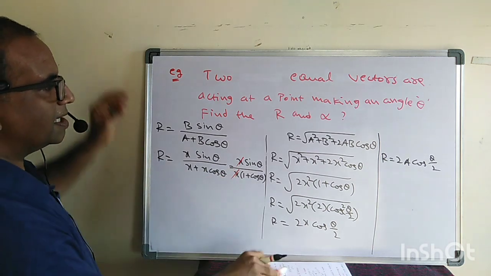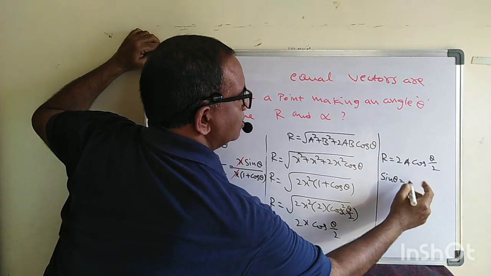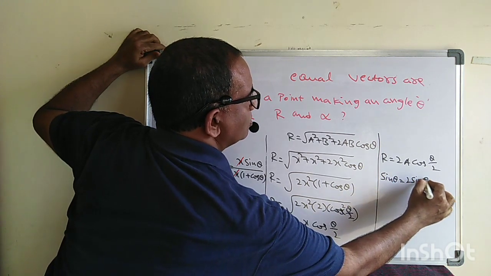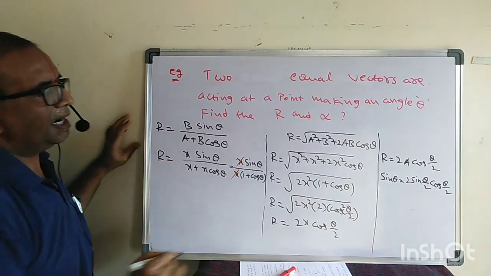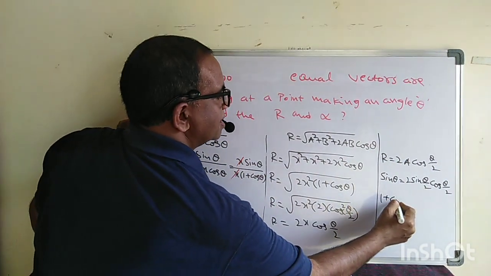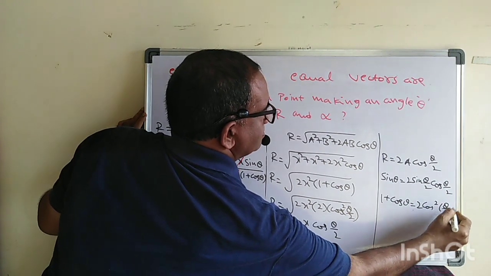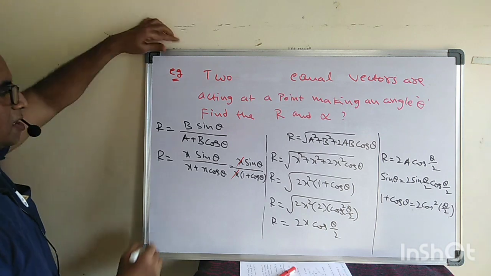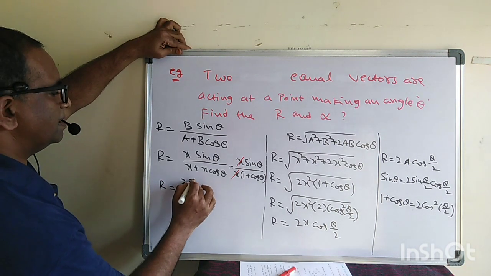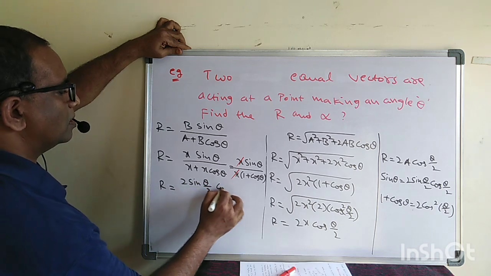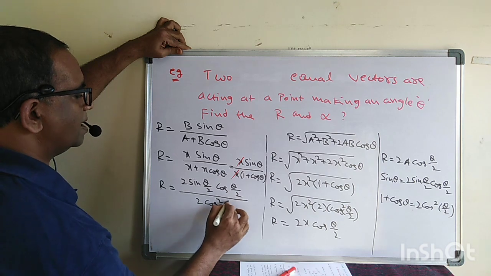But here, sin theta can be written as 2 sin theta by 2 cos theta by 2. And just now we learned 1 plus cos theta can be written as 2 cos square theta by 2. So therefore, tan alpha is equal to 2 sin theta by 2 cos theta by 2 over 2 cos square theta by 2.